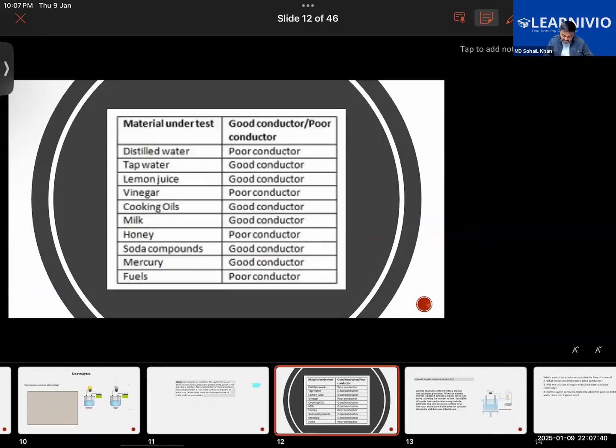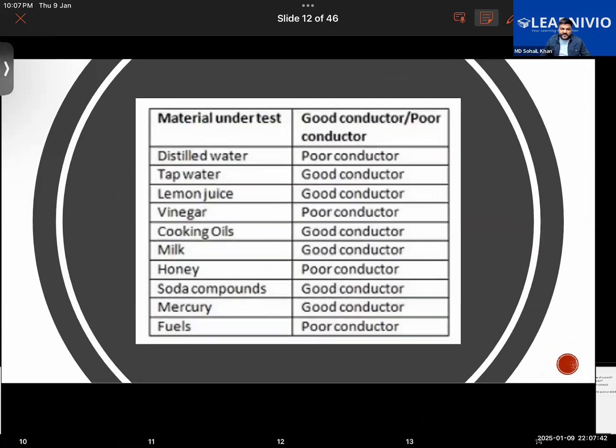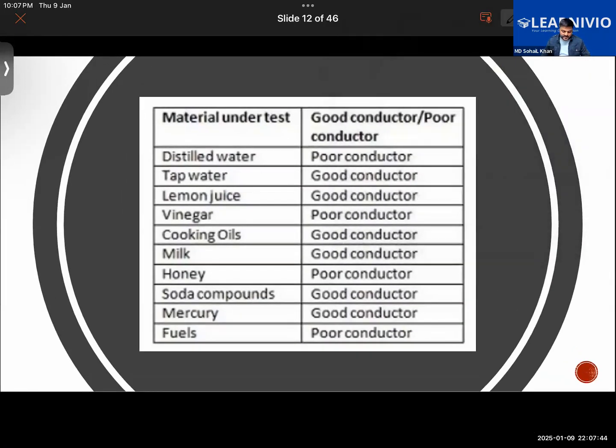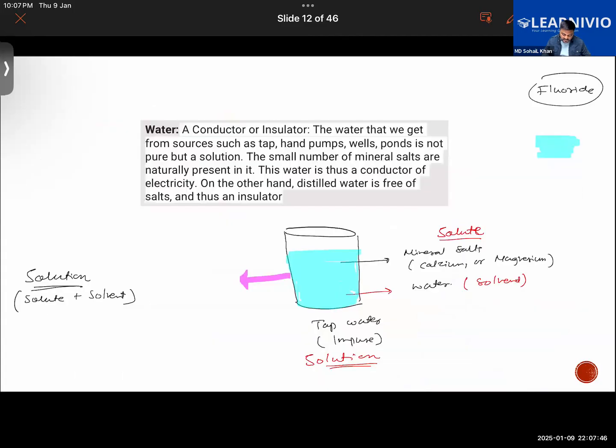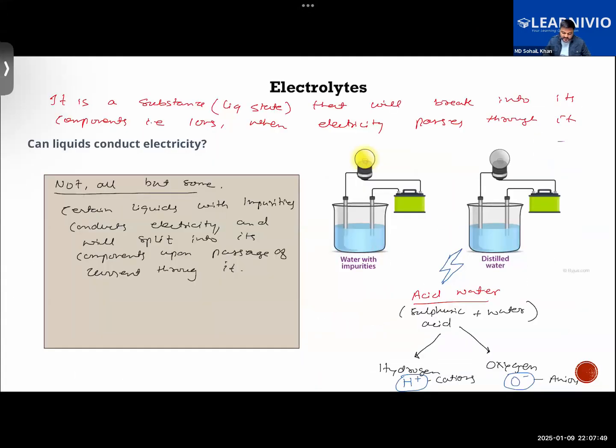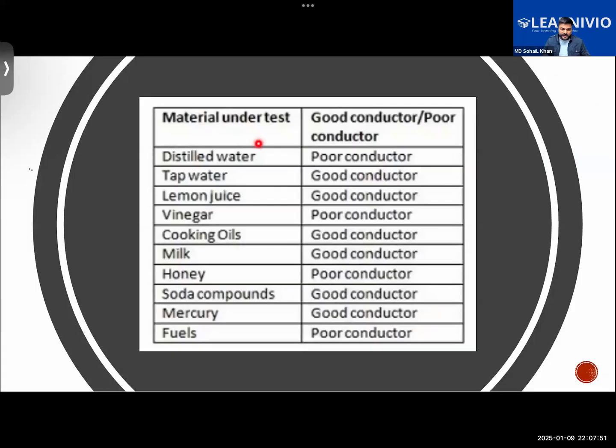Take a look at some of the given liquids here. These are the different materials under test, meaning that if I were to replace this water, for example, with these given samples, see how it will be behaving. Will it be a good or poor conductor? So distilled water is going to be a poor conductor.